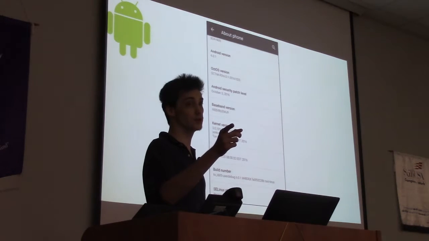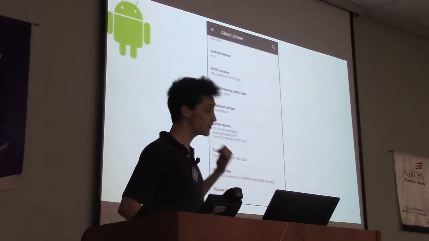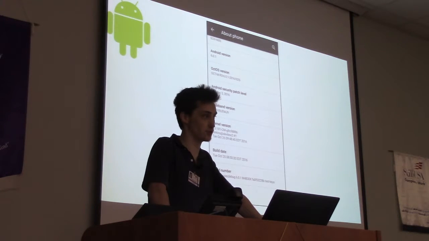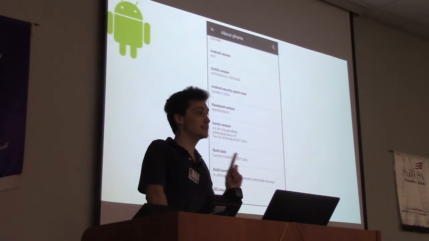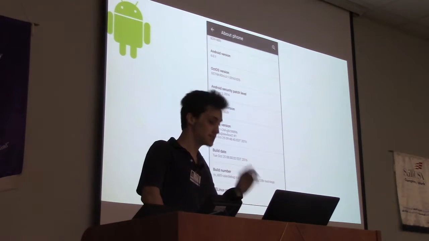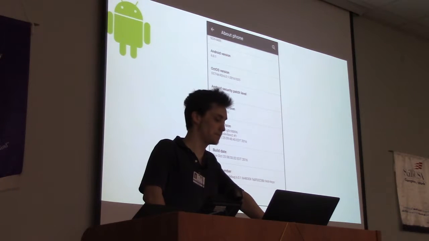Now, for you two who have your Android phone, we can take a look right now to figure out what type of Linux kernel we're running, because all versions of Android have the Linux kernel. Uniquely though, and this is important, they do not have any GNU utilities. They have the Linux kernel, but nothing else from GNU.